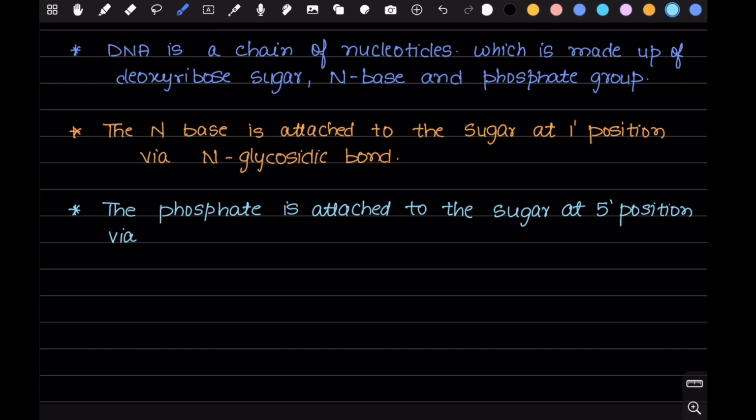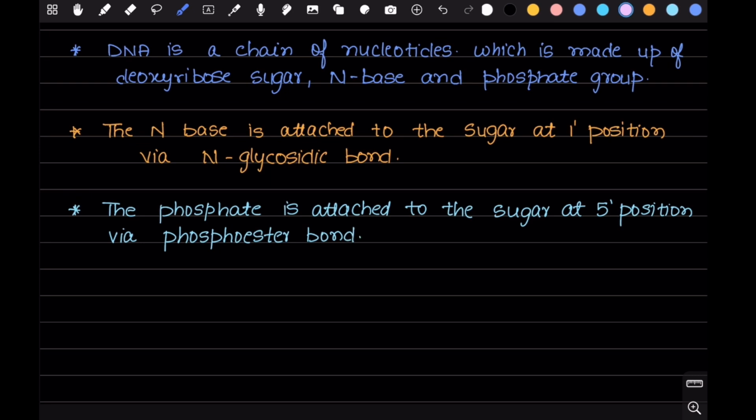The bond between the phosphate and sugar is called a phosphoester bond.